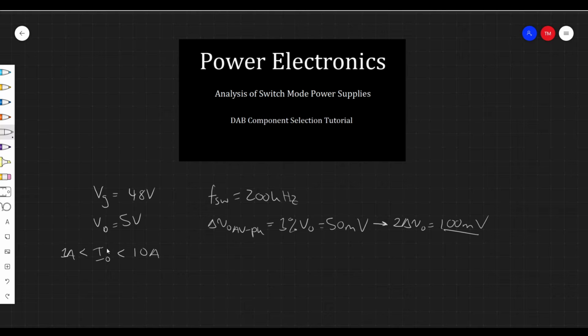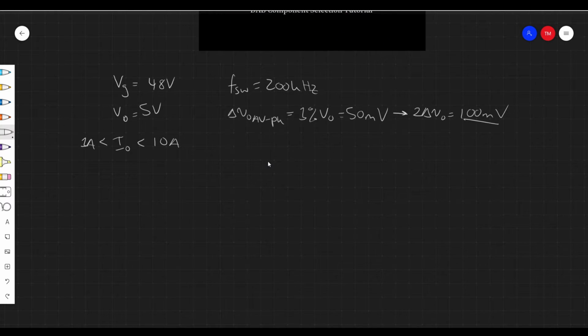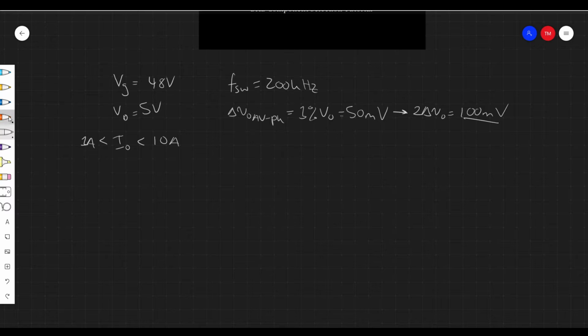So specifically, with the DAB, we have these parameters that were given, and what we want to find is the following. So first of all, we want to find the range of D, right, or the phase shift. We want to know the smallest phase shift up to the maximum phase shift.